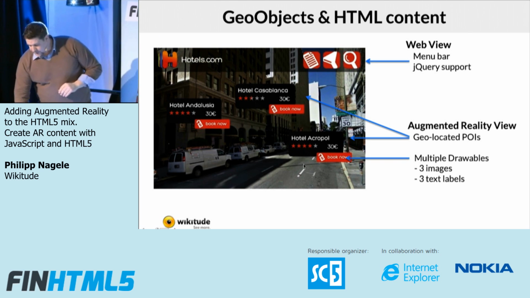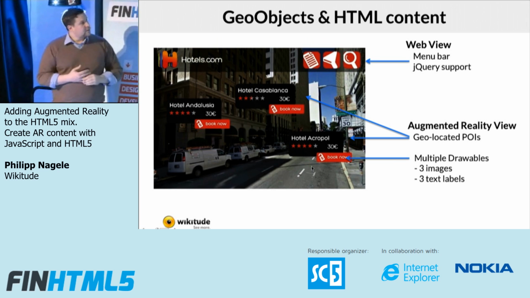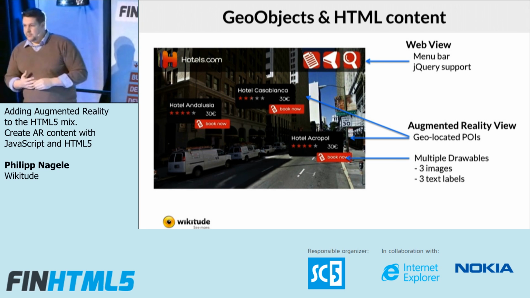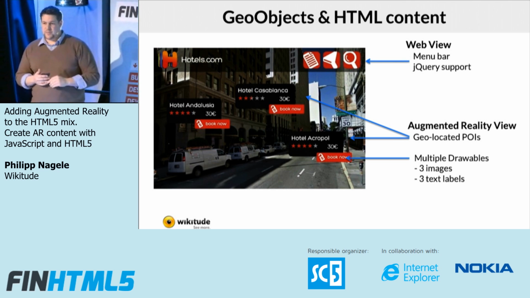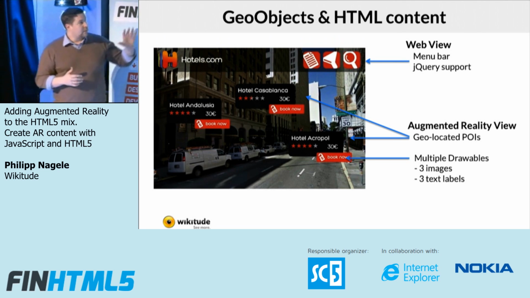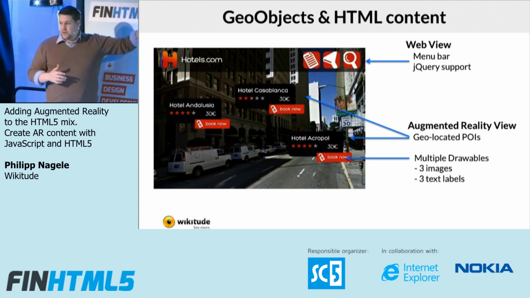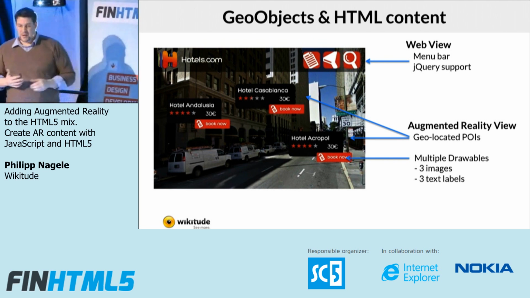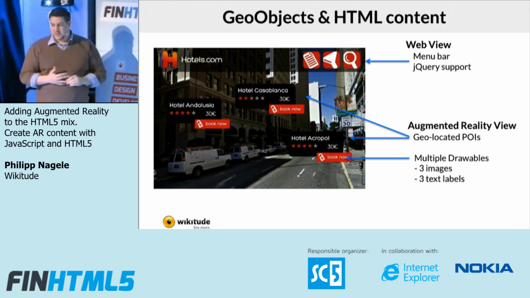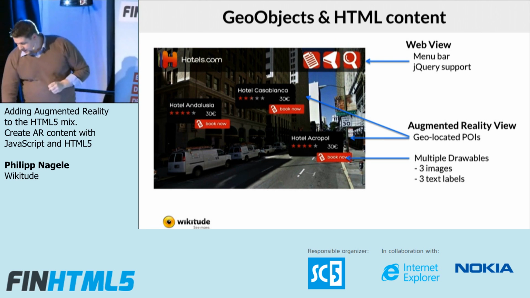And the 3 points of interest, the hotels here, are controlled through the JavaScript API and georeferenced, and they will hover depending on your position. So with that, you can create quite powerful AR interfaces as you like.